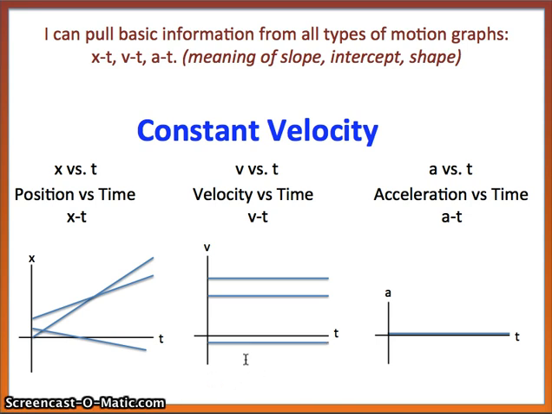These motions can also be represented on a position versus time graph. So this line here would represent the first object, something going very fast in the positive direction. Notice how the slope of this line corresponds to the value of this.